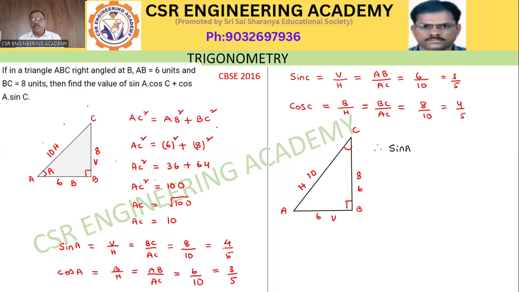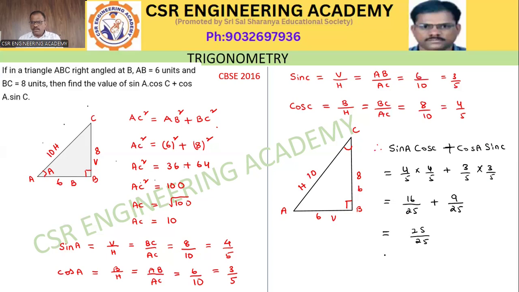Therefore, sin A cos C plus cos A sin C is equal to sin A, 4 by 5, into cos C, 4 by 5, plus cos A, 3 by 5, into sin C, 3 by 5, is equal to 4 into 4, 16 divided by 5 into 5, 25, plus 3 into 3, 9 divided by 5 into 5, 25, is equal to 16 plus 9, 25 divided by 25 is equal to 1.